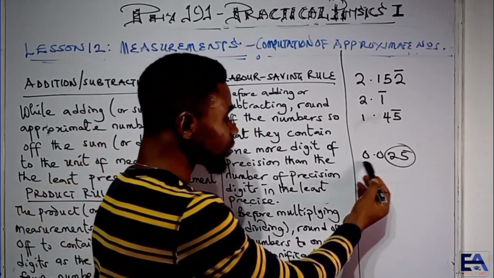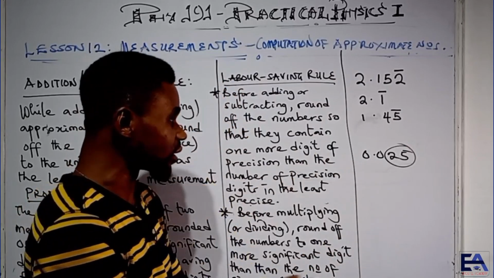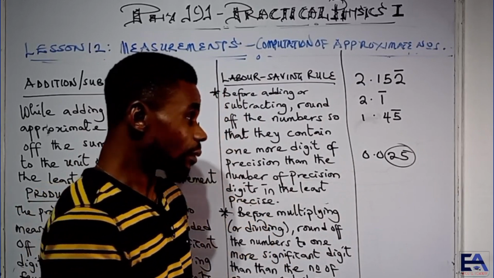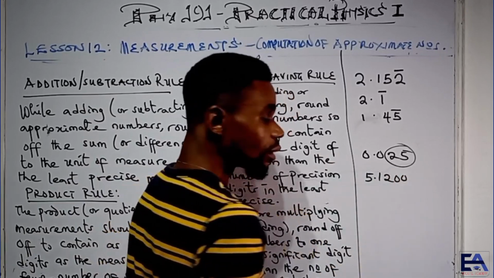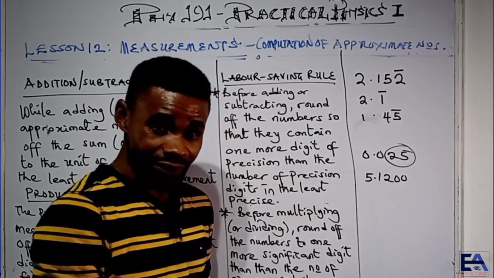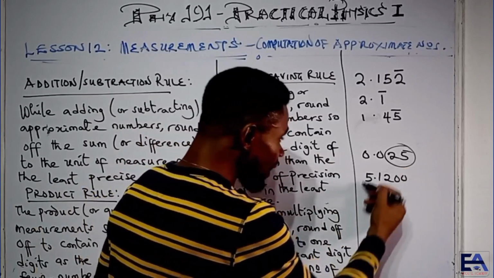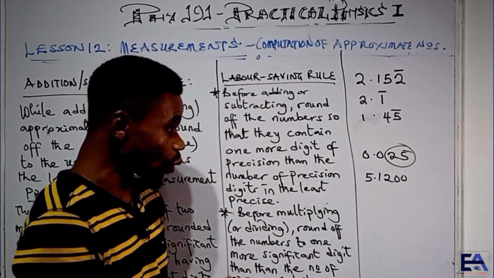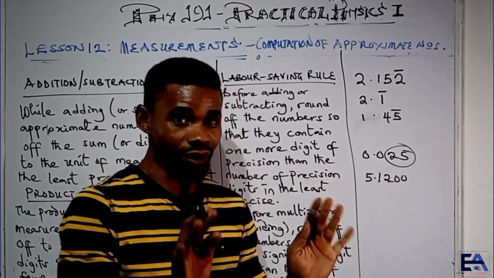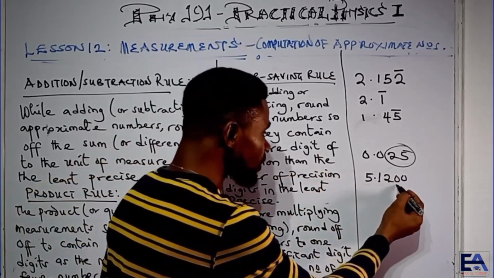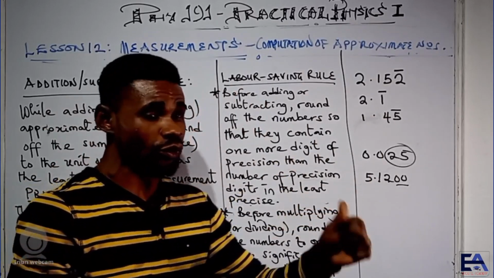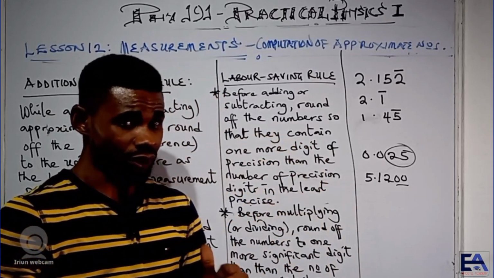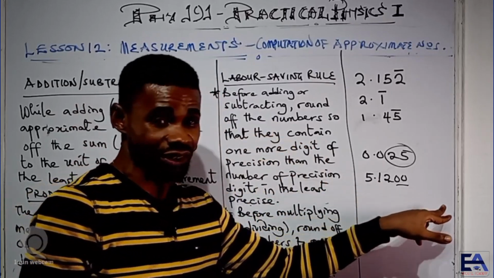Why? Because the zeros that come before a significant digit are not significant. But if I say 5.1200, this number has 5 significant digits. You know why? 5, 1, 2 are normal digits, so they are significant. But zeros after the significant figures are also significant, based on what we did in the previous video. Do you understand that?